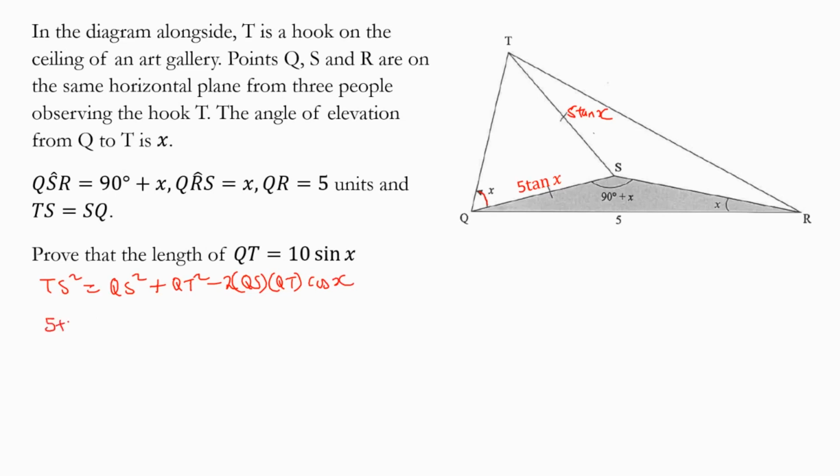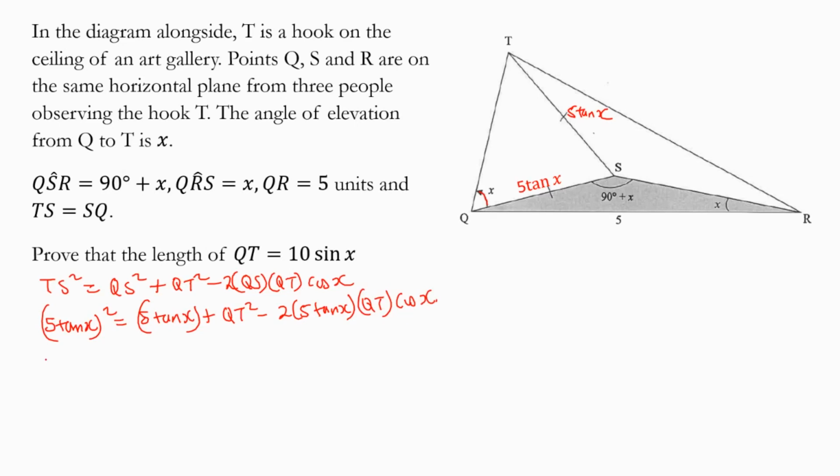So it's 5 tan x squared, that is TS, then it's equal to QS, which is 5 tan x, then plus, we're looking for QT, so it's still QT squared minus 2, then QS is 5 tan x, then QT, that's what we're looking for, and then cos x.